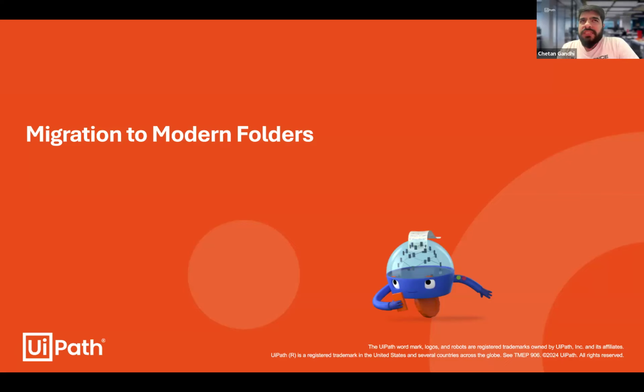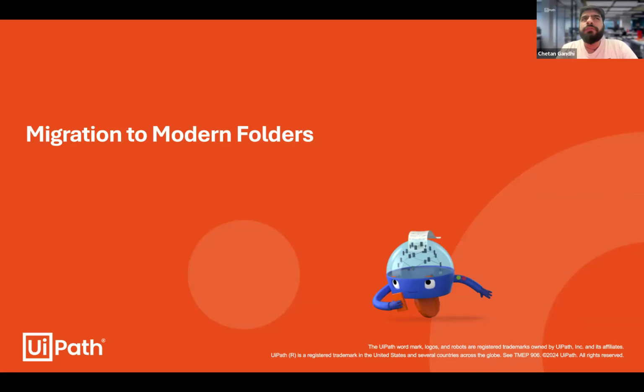Why do we have this design change? Because we want to provide more strategic control to your organization whenever they are trying to provide user-level access to a specific folder, to subfolders, or to change their complete hierarchical structure. In the classic folder you don't have that functionality, where you can provide different levels of access to different users or different departments of users.